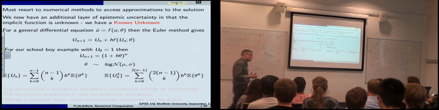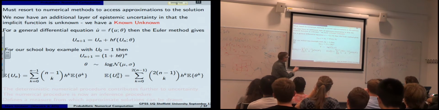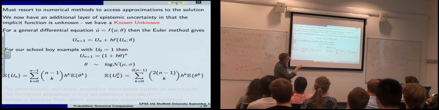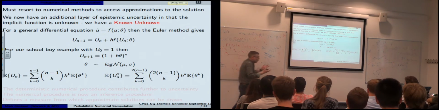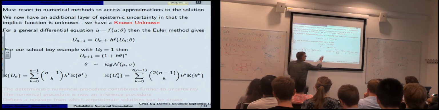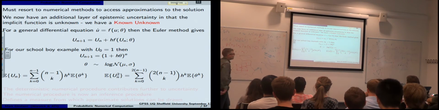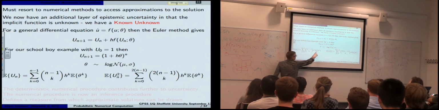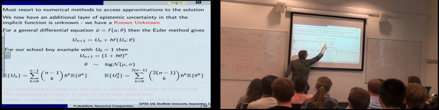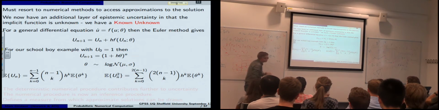So this uncertainty is now going to induce uncertainty which can be described by a probability distribution over the values of uppercase U. The first two moments, the mean and the second moment of that probability distribution, are written here. It's basically just a binomial weighted expansion of the higher order moments of the distribution for theta.